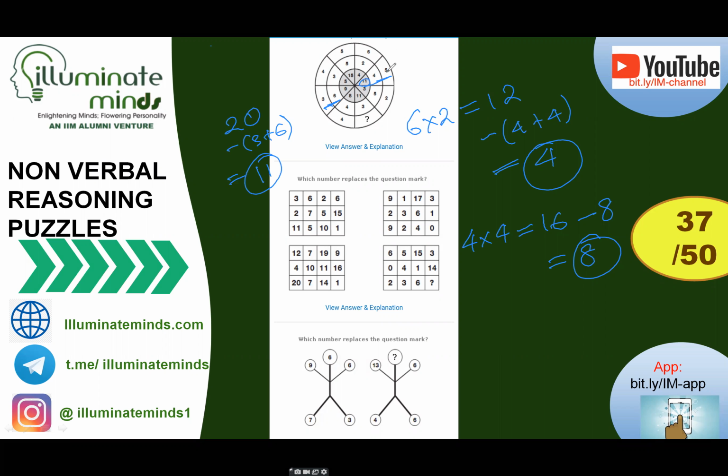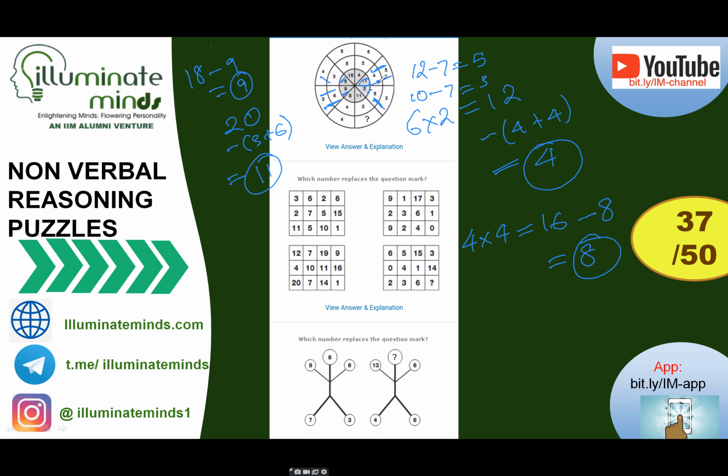This is 11. Similarly, 3 into 6 is 18 minus 9 is equal to 9. Yes, this is 9. Similarly, 4 plus 3, 7. 4 into 3 is 12 minus 7 is equal to 5. 5 into 2 is 10 minus 7 is equal to 3.